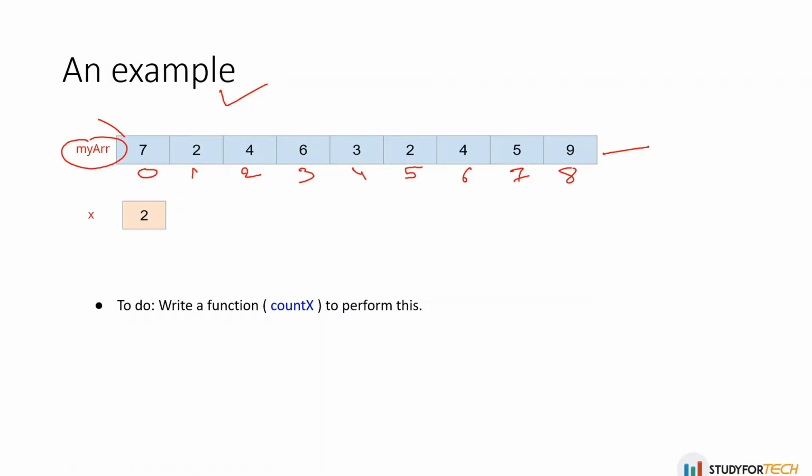So there are 8 elements inside this particular list, and index always starts from 0, not from 1. So please remember, index always starts from 0. Our task is to write a function which will search for a given number in this particular list and count how many times it is coming. So our to-do task is to write a function countx to perform this.